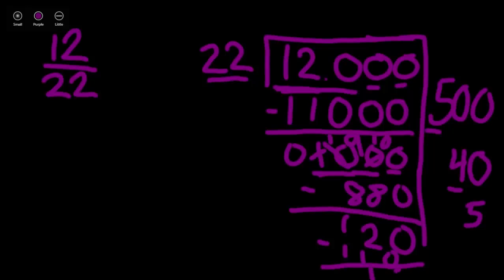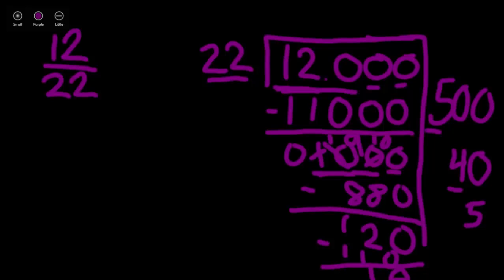We have a remainder of 10. 22 cannot be multiplied by anything to get to 10, because 10 is smaller. So we know it's our remainder, and we know we're finished.